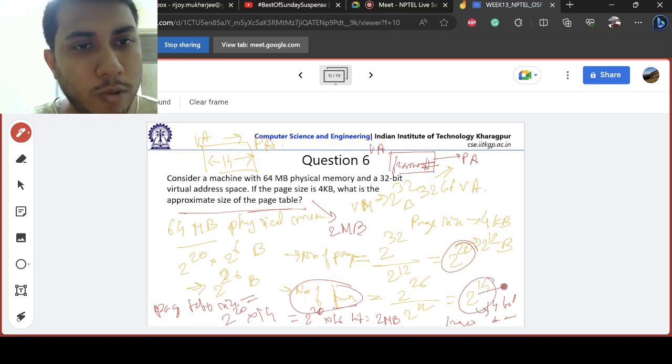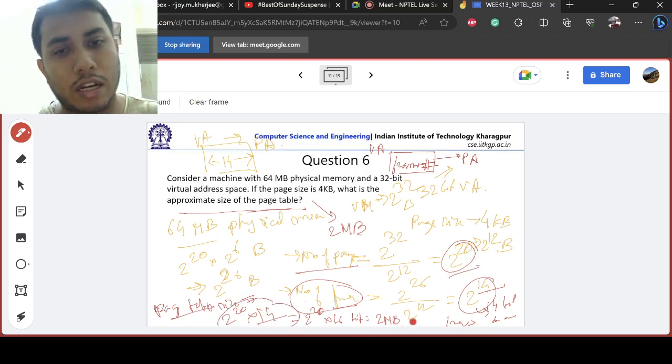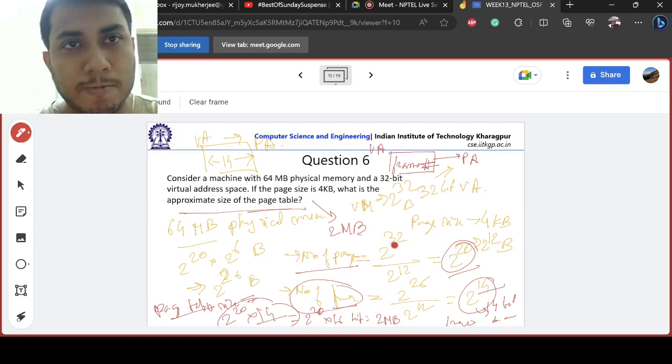So you require 14 bits to represent each frame identifier. So that will be 14 bits for each entry, and the number of entries in the page table is basically the number of pages. The number of pages is 2 to the power of 20. So 2 to the power of 20 times 14, let's say we take 14 to 16, so it will be 2 MB.